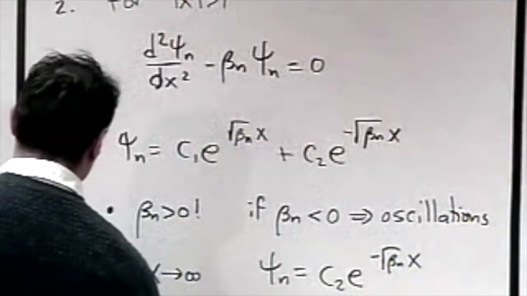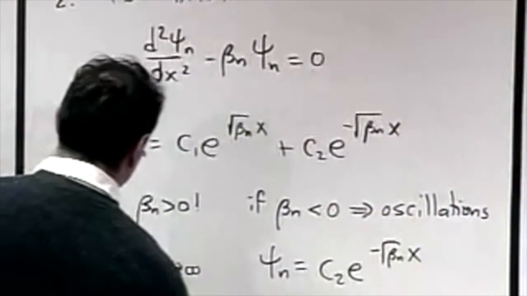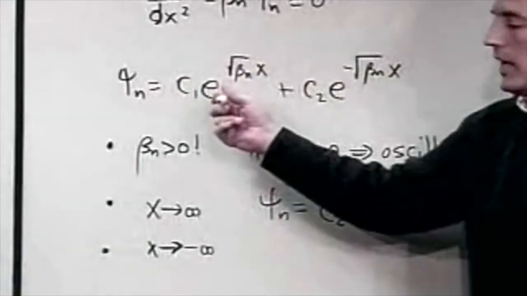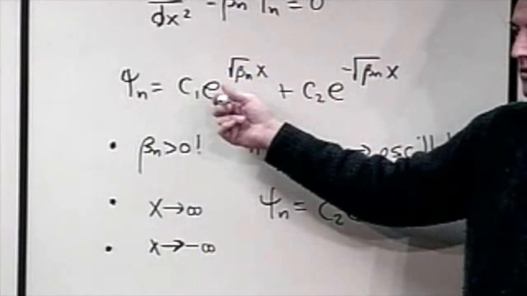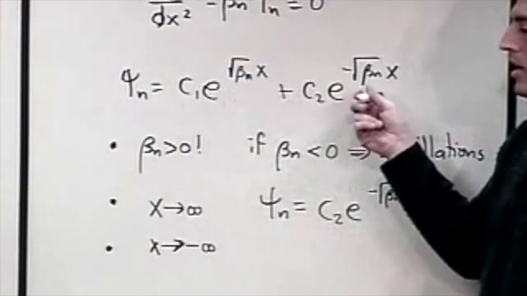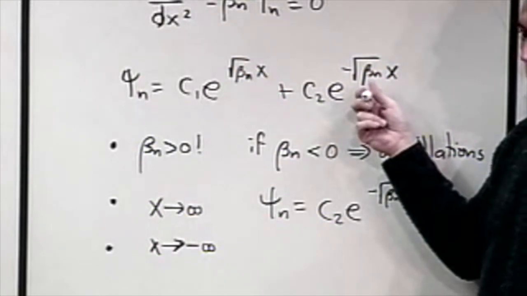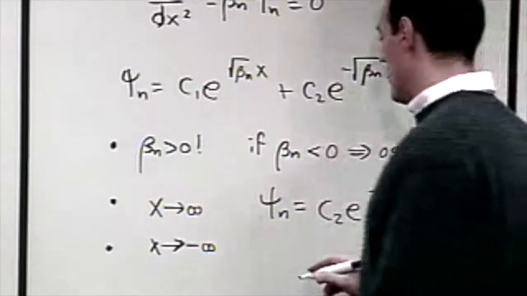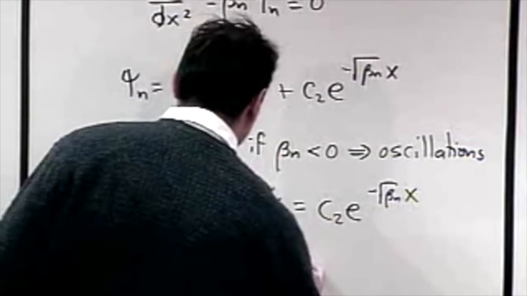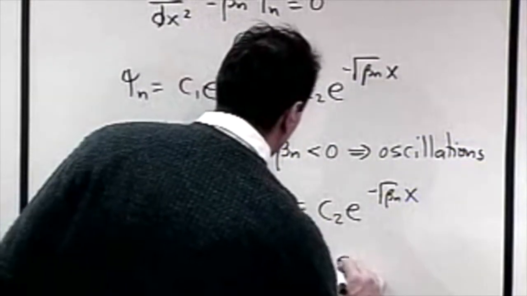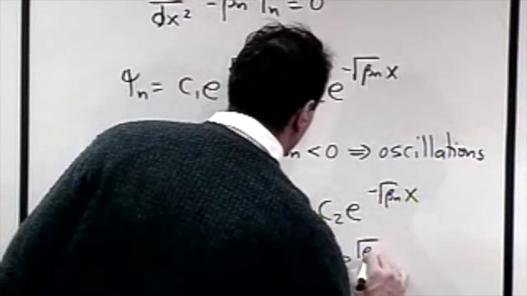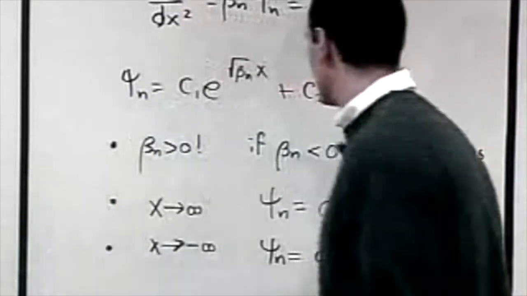And the final one. What happens if x goes to negative infinity? Well, that's just fine. That goes to 0. That blows up. Can't have it. So as x goes to negative infinity, your solution should look something like this.